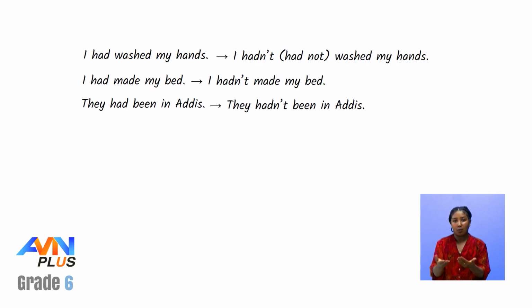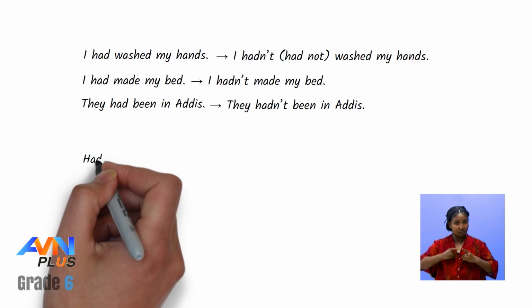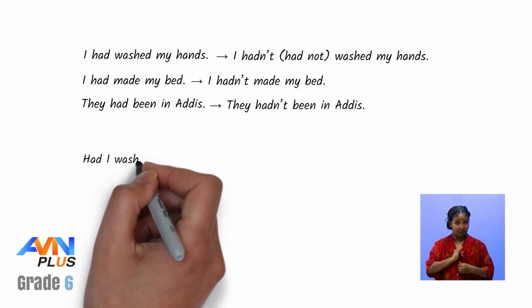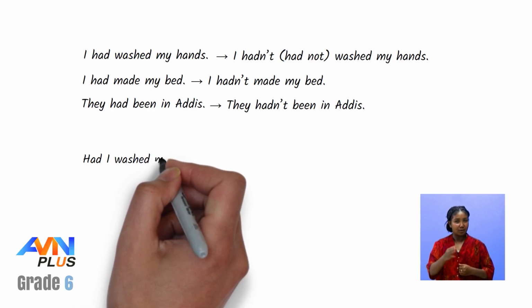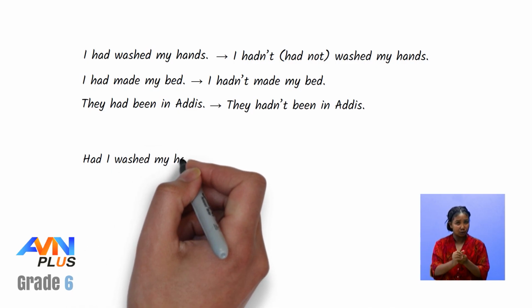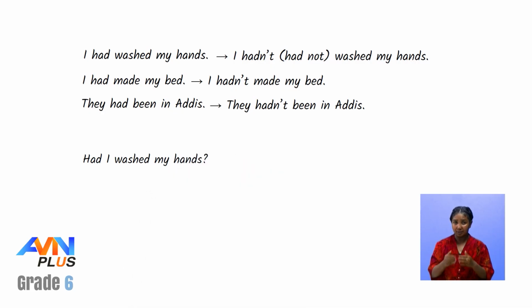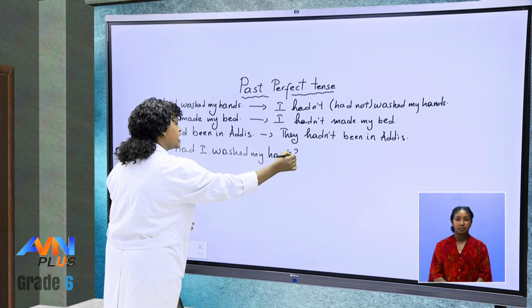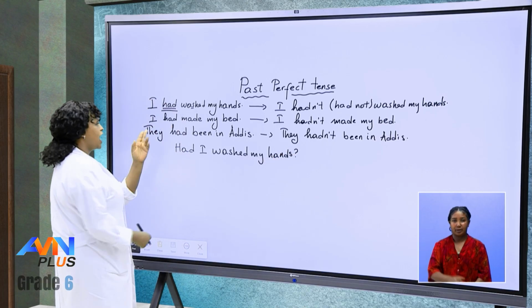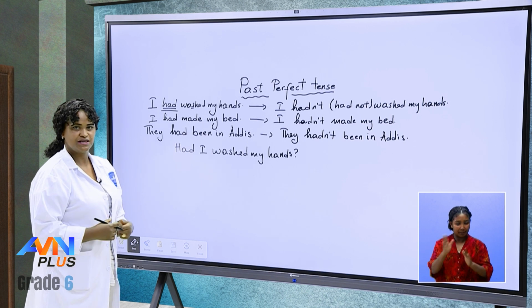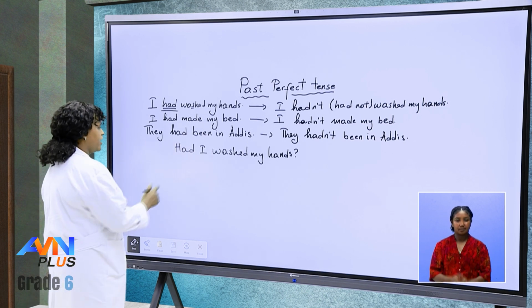Look, had, all right? Then the subject, had I. The verb, had I washed my hands? Then question mark. How about for the second one? I had made my bed. Yes?